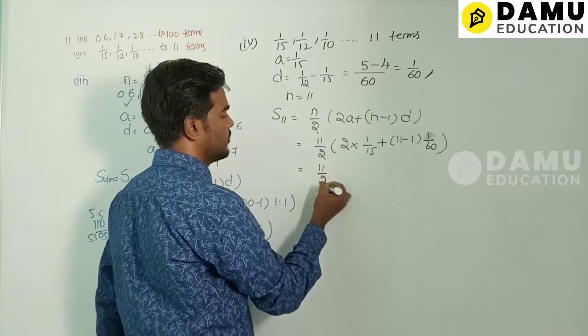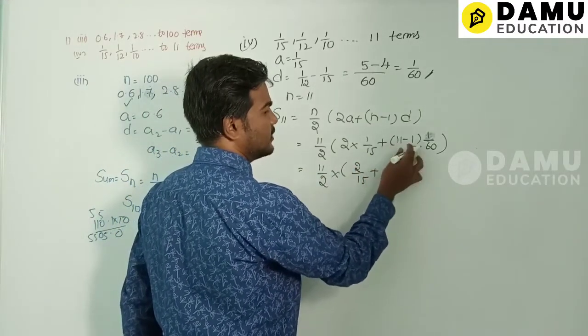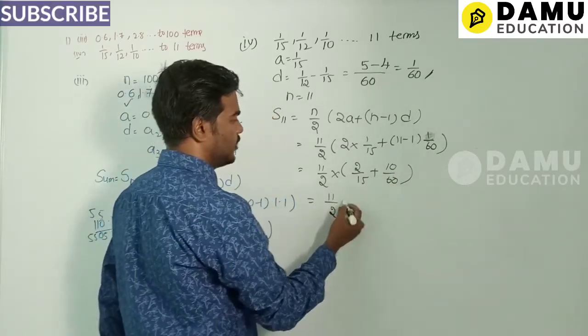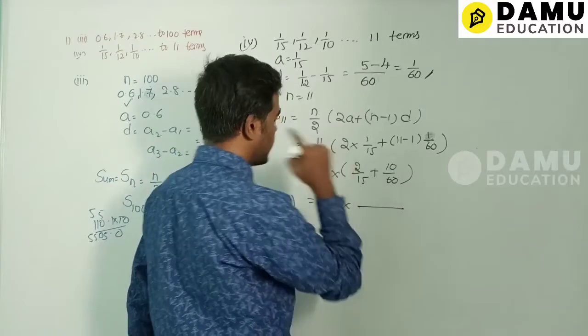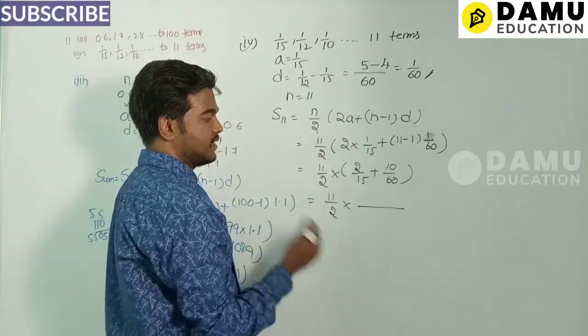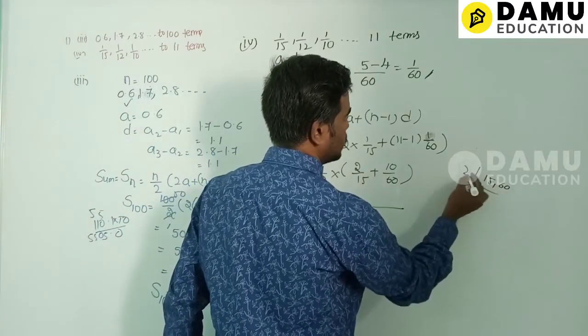So 11 by 2, keep it as it is, 2 by 15 plus 11 minus 1 will become 10 by 60. So 11 by 2 into, take the LCM of 15 and 60. What is the least common multiple for 15 and 60?